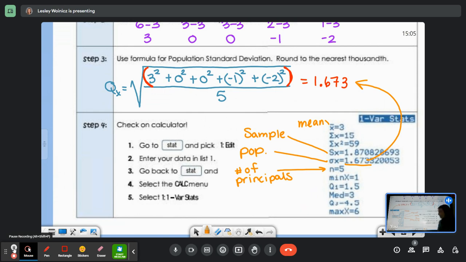Okay, and then down at the bottom, we have our min, our max, our first and third quartiles, and our median. So down here, we have an entire box plot. We could just make a box plot off of that information right there.